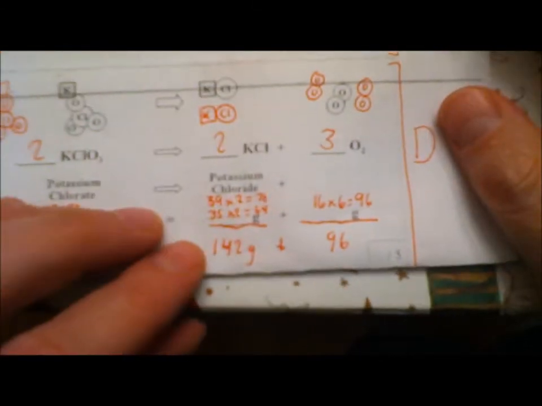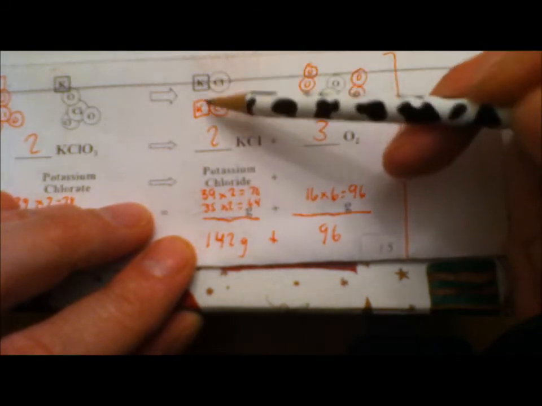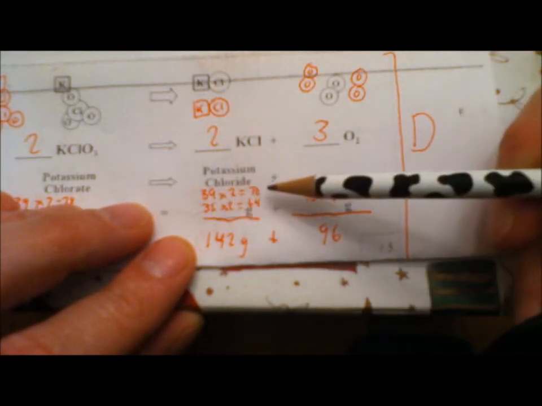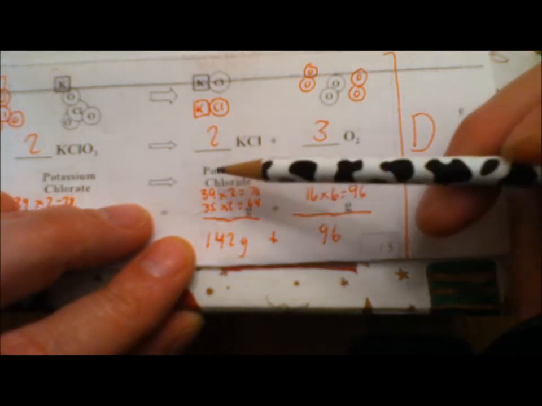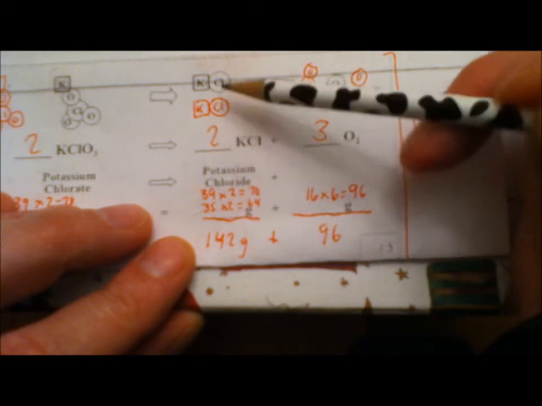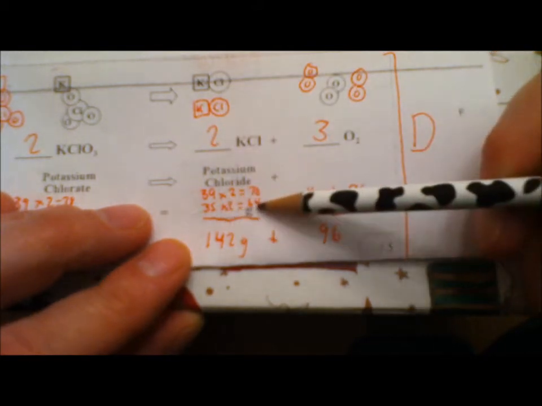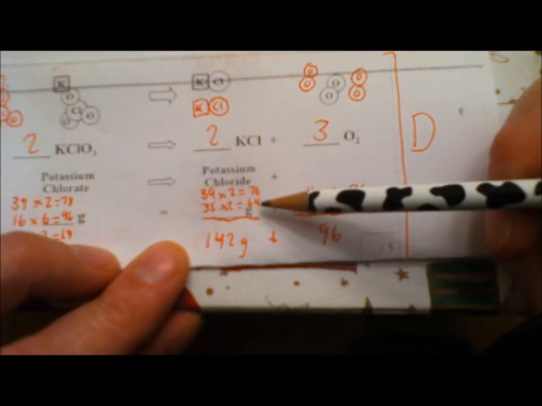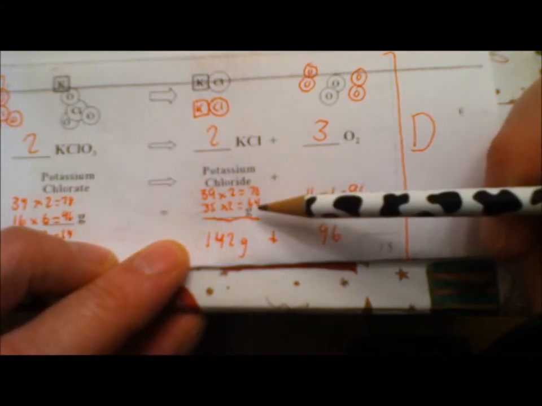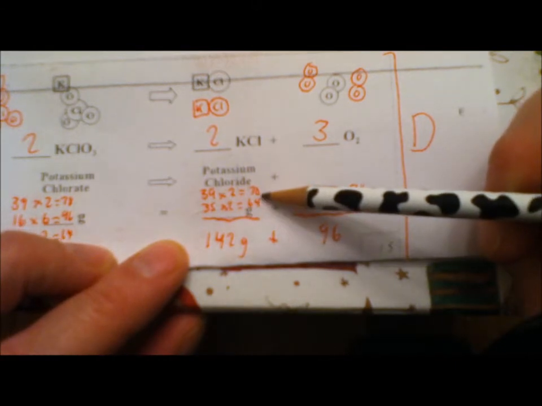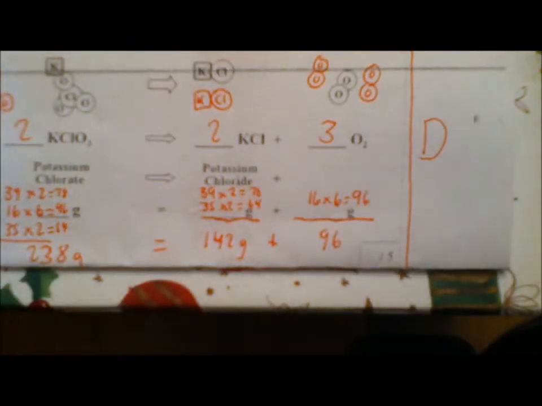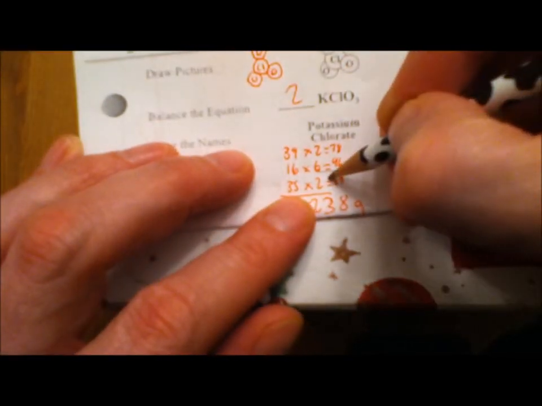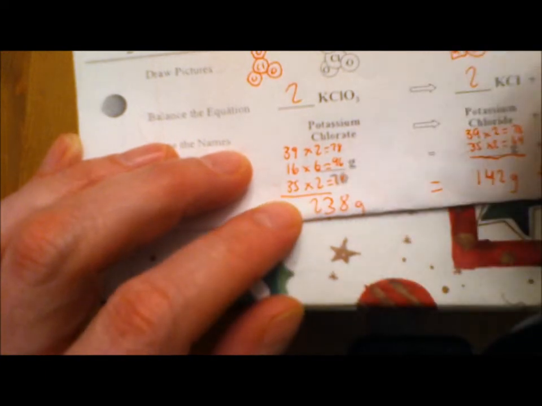Okay. Potassium chloride, 2 potassiums, so that's 39 times 2 gives us the 78. Chlorine, there's 2 of them. 35 times 2 gives us 64 actually. That should be 70 grams. Sorry, so this should be 70. So that's 6 more.